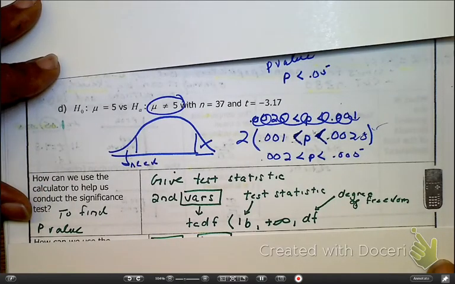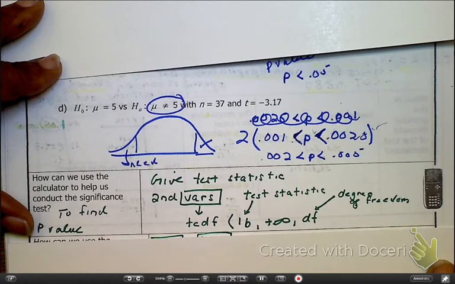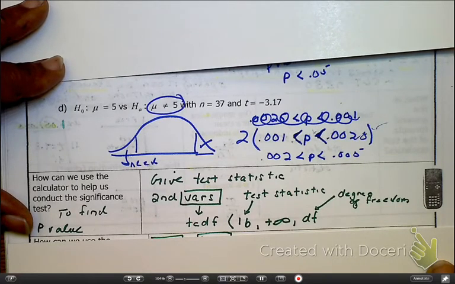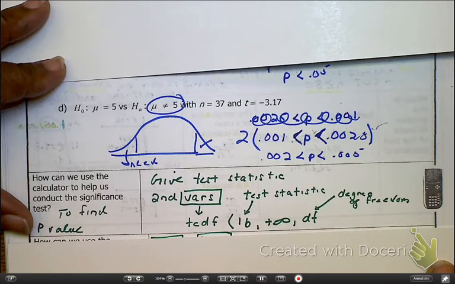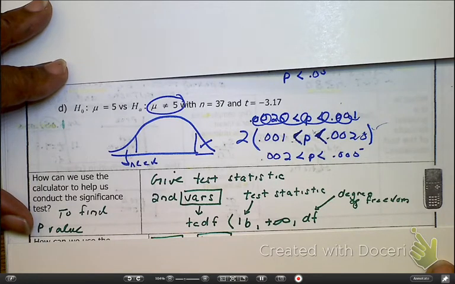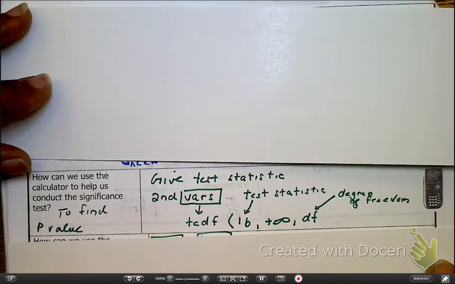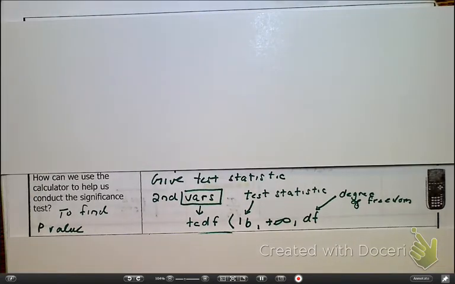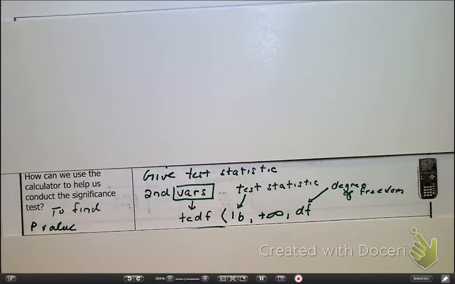Earlier today, we did some calculations to find the p-value if we were given the test statistic, meaning our handy-dandy calculator could not spit it out for us, so we had to find it using the table. But I found out today, through the help of JJ, shout out to JJ, that we could do this.